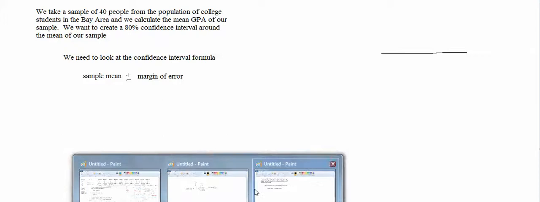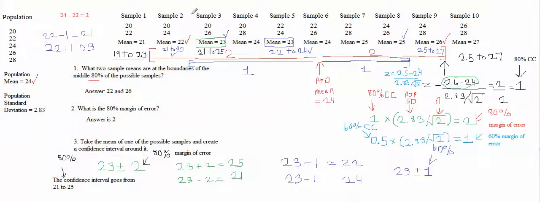Since we want an 80% confidence interval, it'll have to be the 80% margin of error, because remember before, when we created an 80% confidence interval, we took the 80% margin of error of 2, and we added and subtracted that to the mean of the sample.